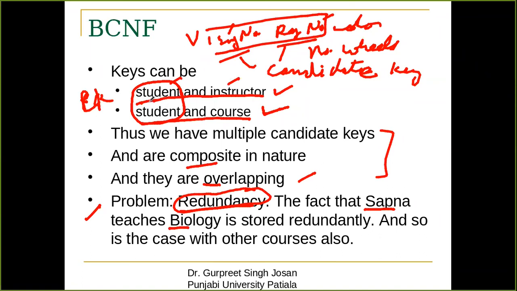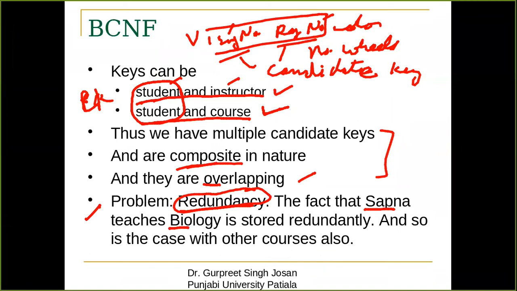So student and instructor combined will identify the course. Student and course combined will identify the instructor. So that means it is composite in nature. Composite means when the primary key or candidate key is made from two or more attributes, then we call it a composite key.